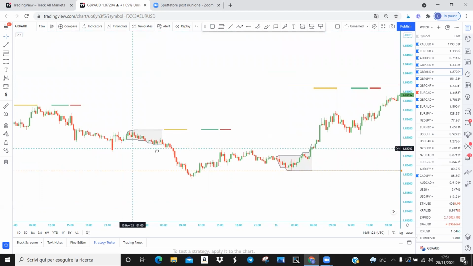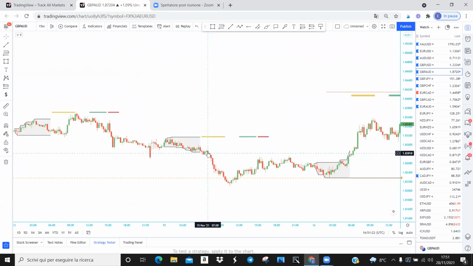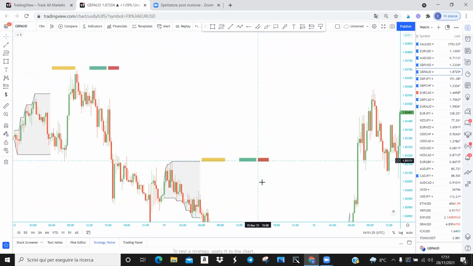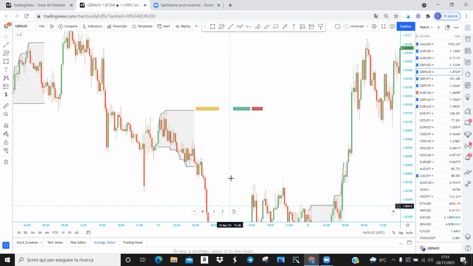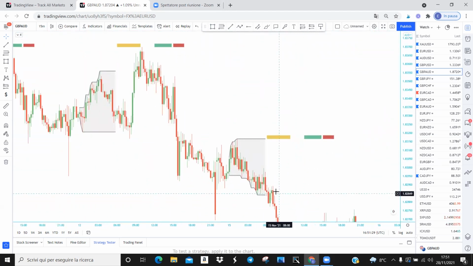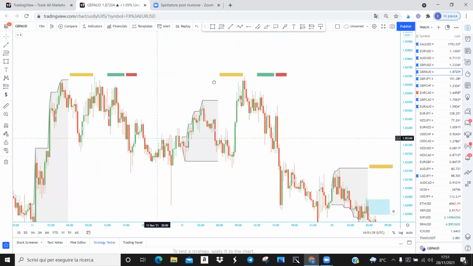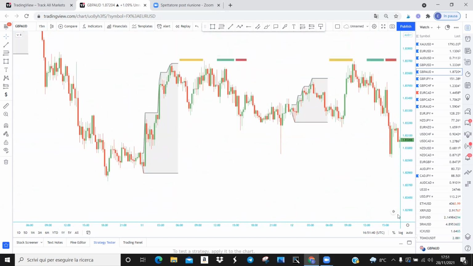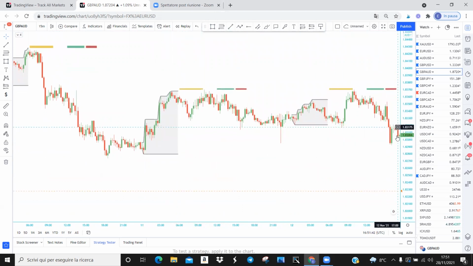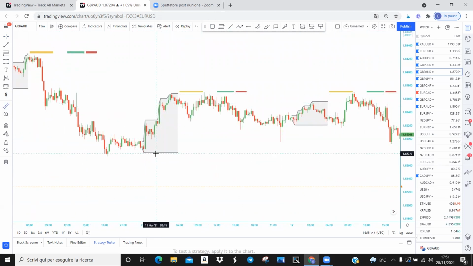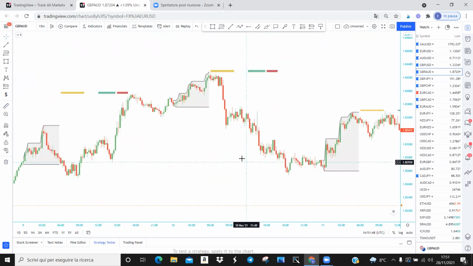Here, perfect Asian range, London break, retest, London break, retest, continuation, okay? This needs to be used with the direction of the market, with supply and demand zones, with liquidity, and so on and so on, okay? Here, acceptable. For example, here, no, too big, okay? Too big, 80 pips, huge, okay?